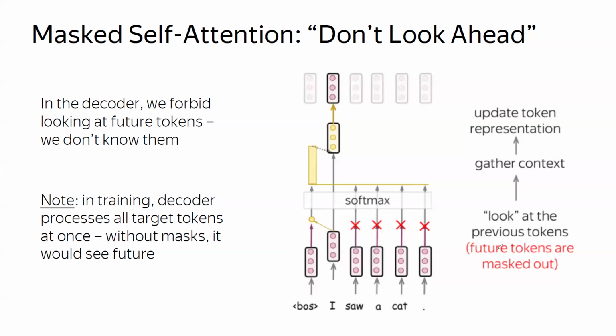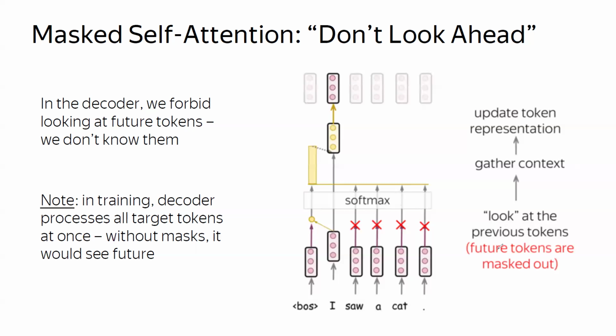So that's why in the decoder we will use so-called masked self-attention. In this example, let's say we generated two tokens, and then we apply self-attention, but self-attention will look only at the previous tokens. We don't want to look at the tokens that we didn't generate, didn't translate.